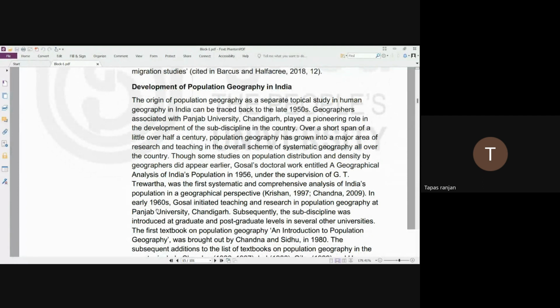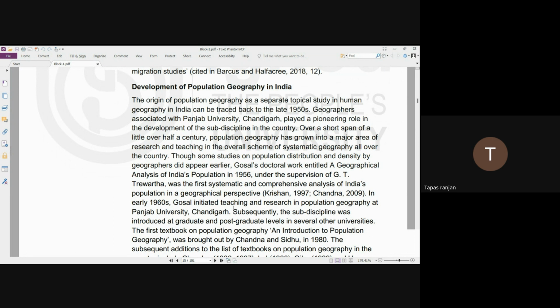Then in the 1960s, Punjab University, Chandigarh, and other universities, I believe a lot of population studies departments are also there. Even in Mumbai, we have the International Institute for Population Sciences.